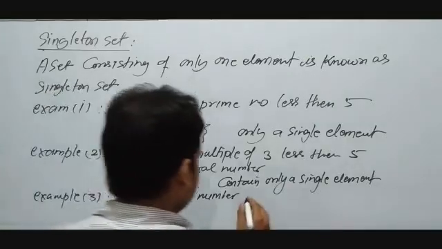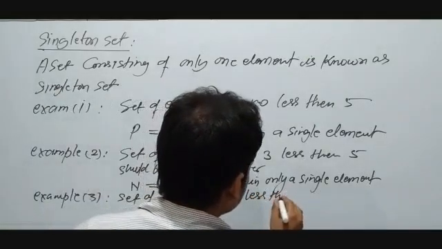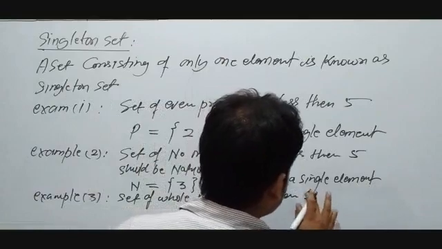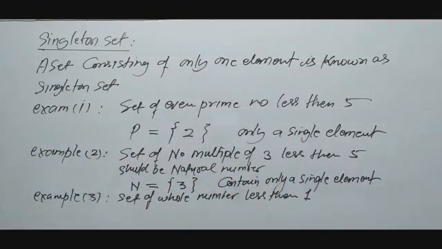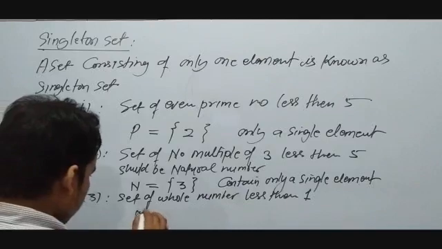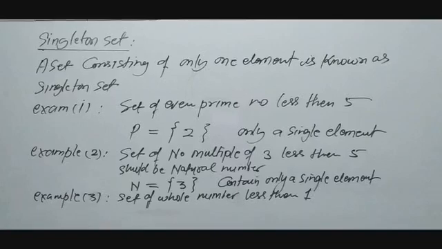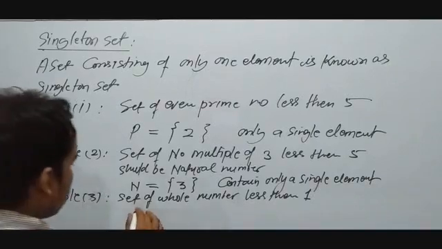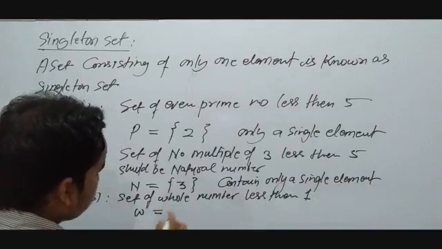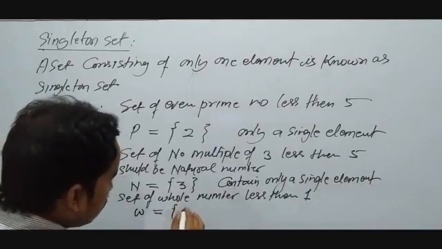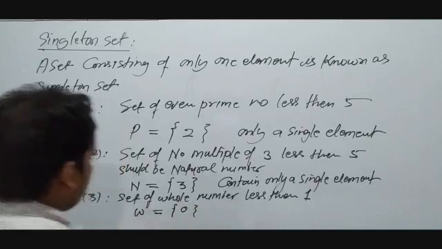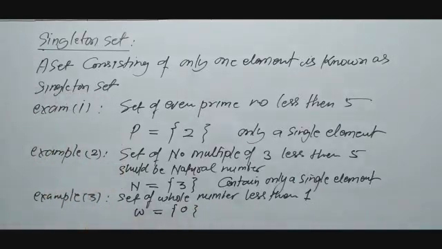Whole number less than 1 is 0. So W is equal to {0}. This is an example of a singleton set. Now this topic is completed.